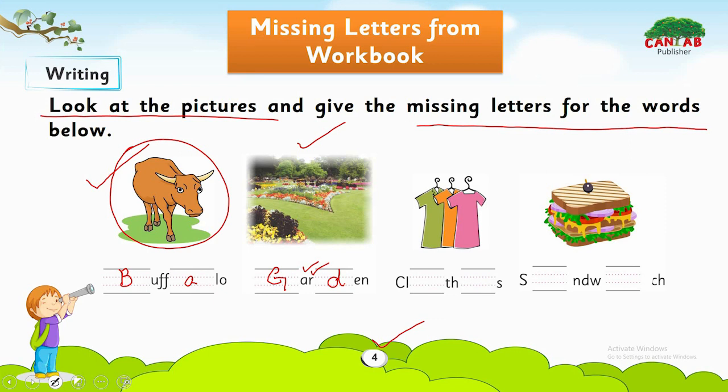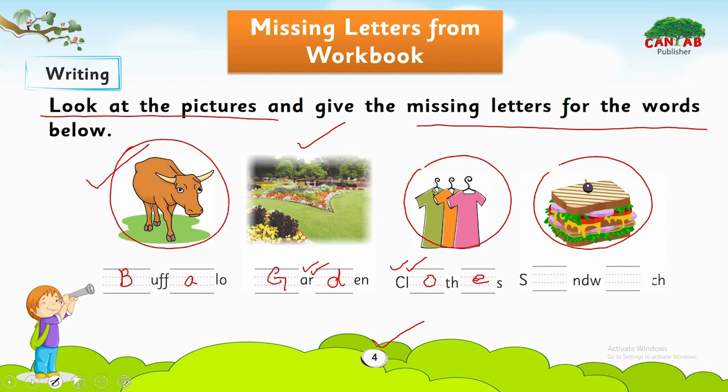The third one is what? What are these? These are clothes. So the spelling is C-L-O-T-H-E-S. Now the fourth one, what is it looking like?